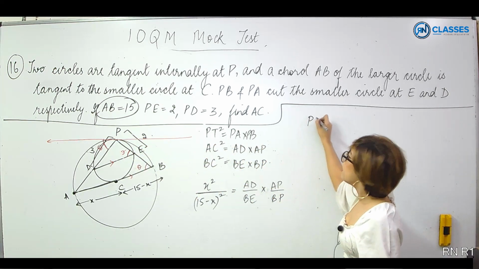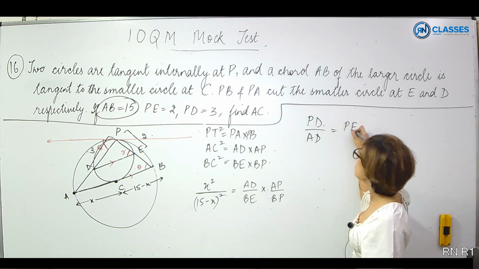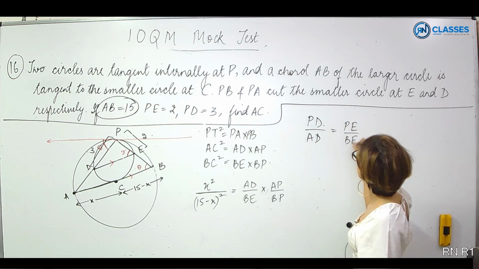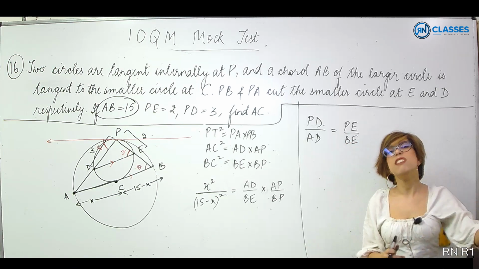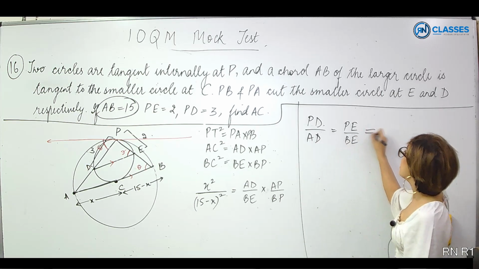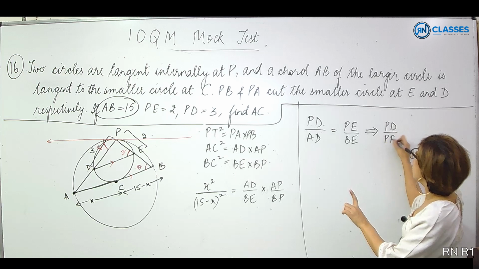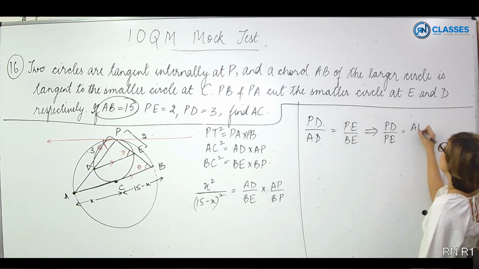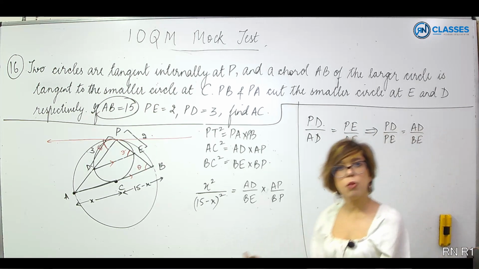So, PD by AD is equal to PE by BE. Is there a benefit to this? If these two ratios are equal, can I say that PD by PE would be equal to AD by BE? I just cross multiply. Nothing more.